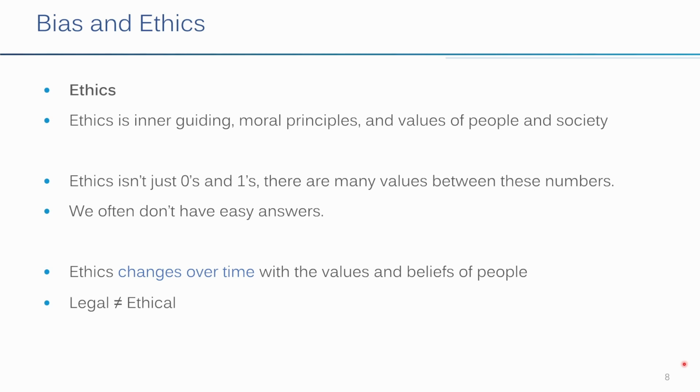So when we talk about ethics, think of it as the inner guiding moral principles and values of people and society. It's quite hard to put this into a discrete structure or range. For example, we cannot categorize ethical decisions as zeros and ones or black and white.